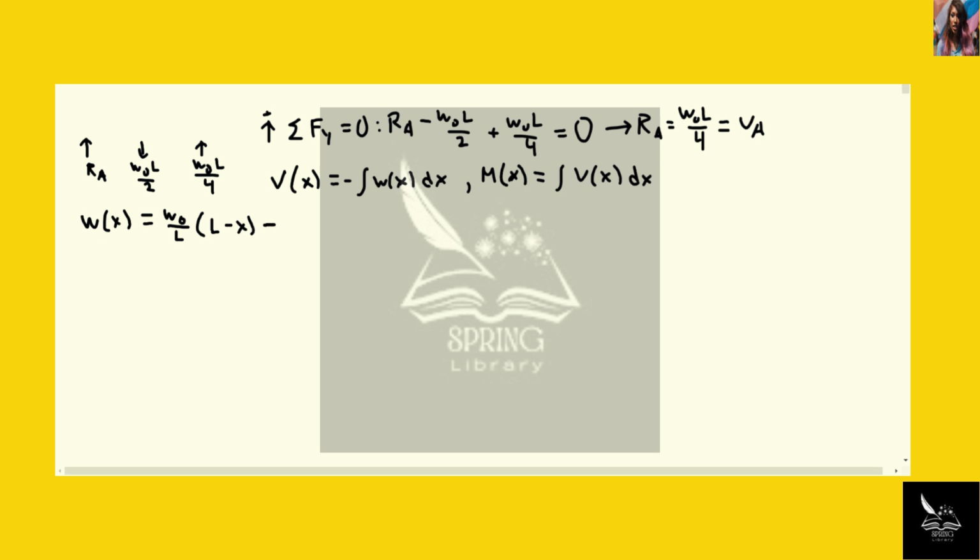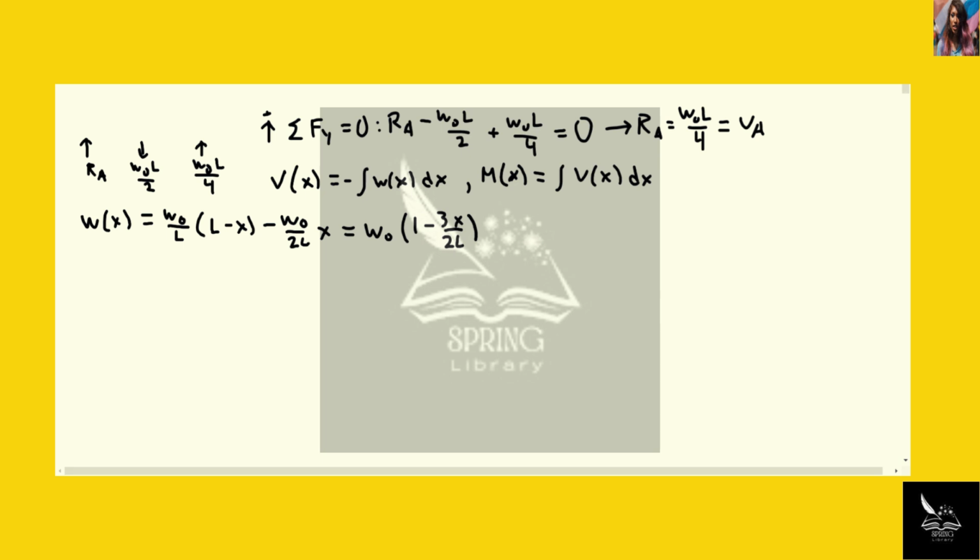And we'll subtract from that a W0 over 2L times x. Gives us the result W of x equals W0 times 1 minus 3x over 2L. Okay, so this we can use to find our V of x and our M of x.